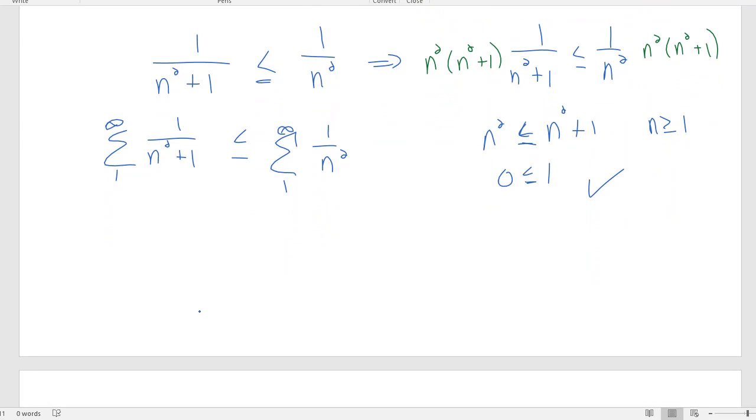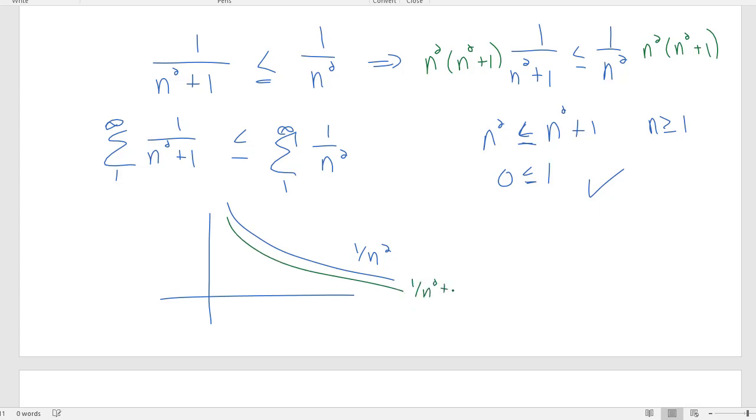We could look at this visually as well, just to kind of justify this idea. Let's say I have 1 over n squared as a function. And then 1 over n squared plus 1 we know is slightly smaller. So let's say, here's 1 over n squared plus 1. And again, just real loose visualization here.